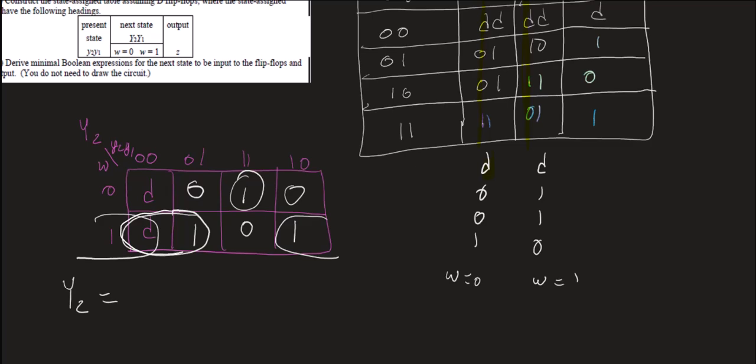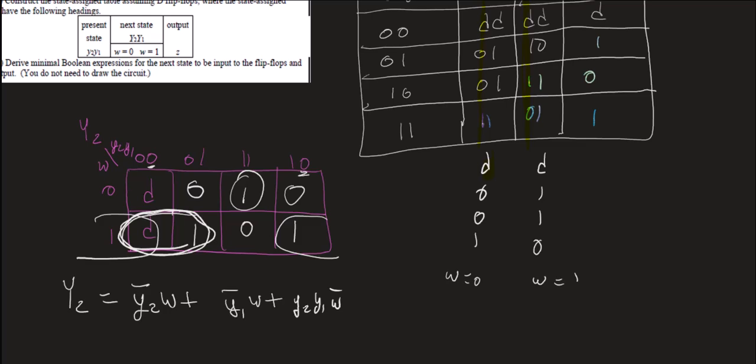So this gets me y2 equals, so this circle at the bottom left is y2 bar w plus this circle that's wrapping around has y1 bar, because y1 is 0 here and here, and w, and this circle up here is y2, y1, and w bar.